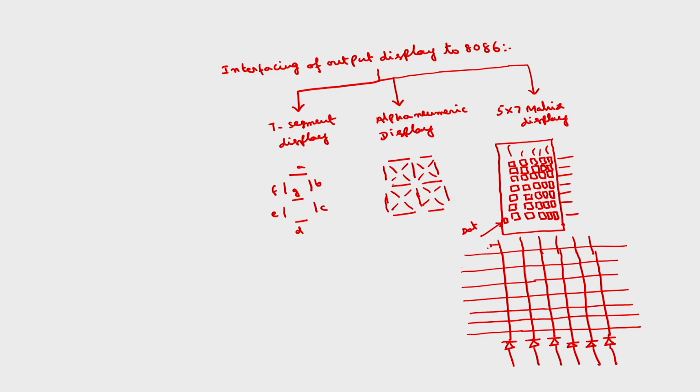Here at this we have a diode. So, this corresponds to this particular segment. This can be on or off by properly selecting these rows and columns of this particular LED. Similarly, here we have an LED. So, there are a total of 35 LEDs here.